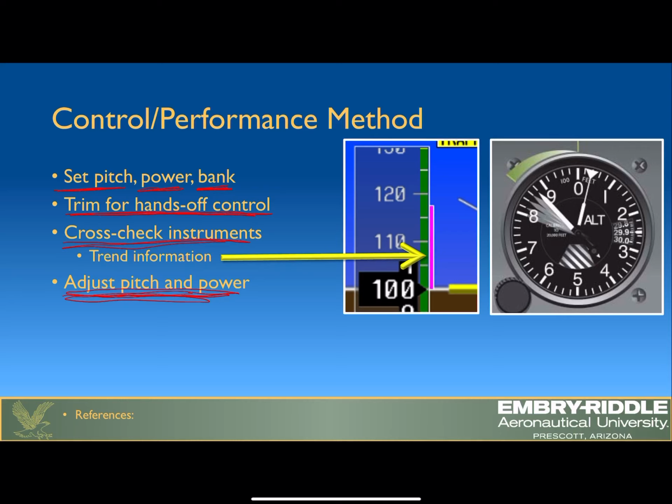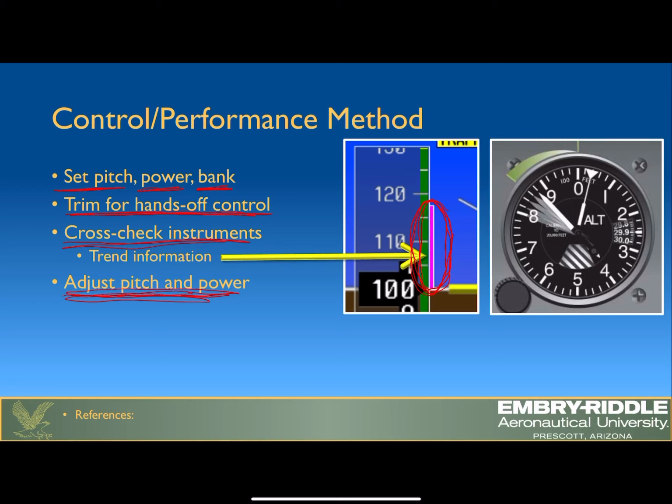And what's really nice is our G1000 makes that a lot easier. You can see here we are looking at the airspeed indicator, the airspeed tape in the G1000. It gives us this little pink line. This pink line is trend information. So you're actually able to see how your aircraft is trending. So ideally, once we have set our pitch, our power, our bank, and we have trimmed, we should not see any trends.